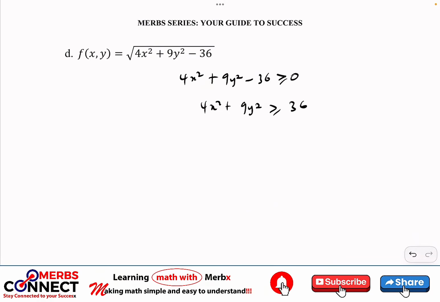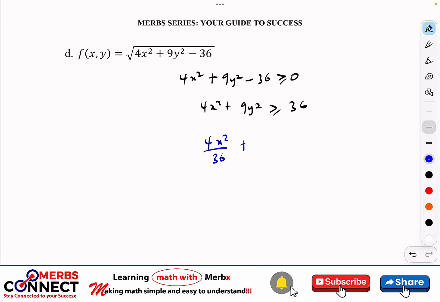Since I want this one to be 1, I'm going to divide through by 36. So 4x squared over 36 plus 9y squared over 36 is greater than or equal to 1. Now, 4 goes into 36 how many times? I think it's supposed to be 9, right? 4 times 9 is 36.